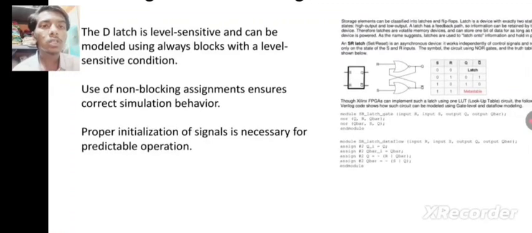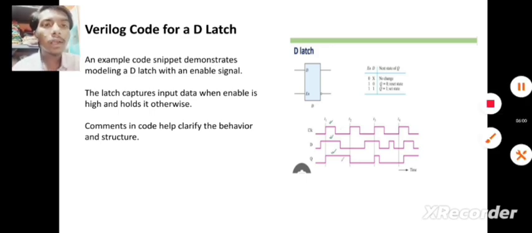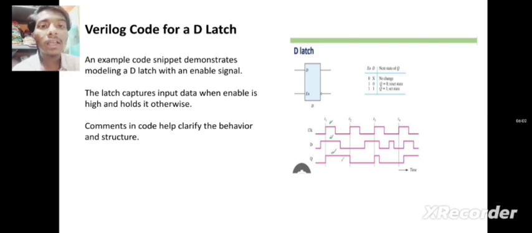So the next is Verilog code for a D latch. An example code snippet demonstrates modeling a D latch with an enable signal.